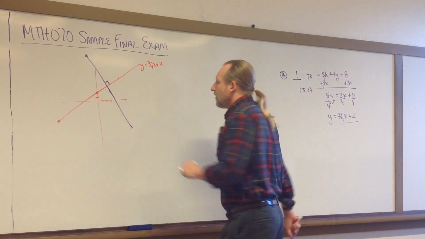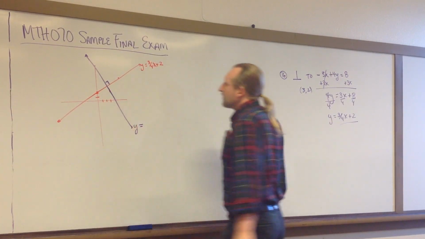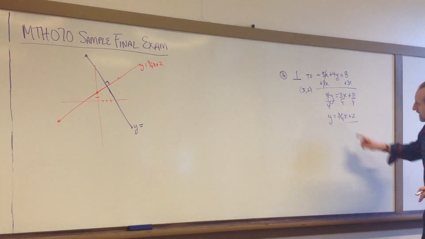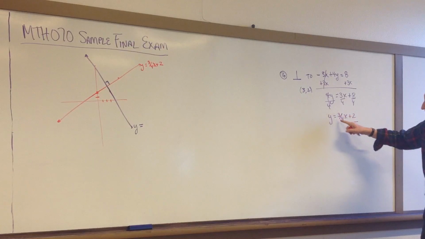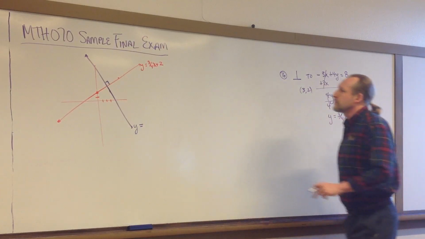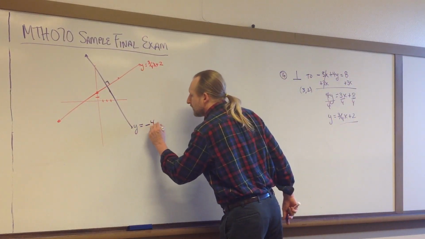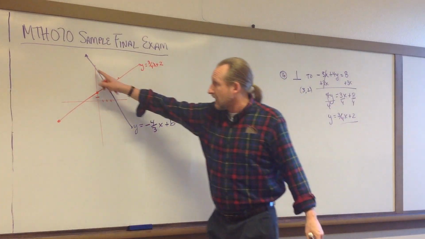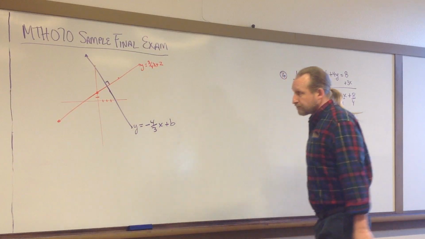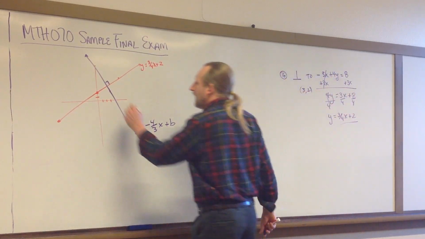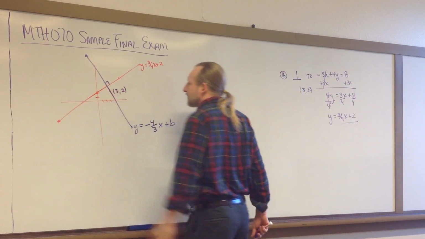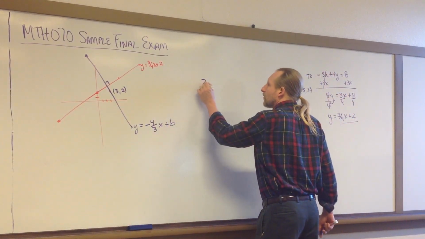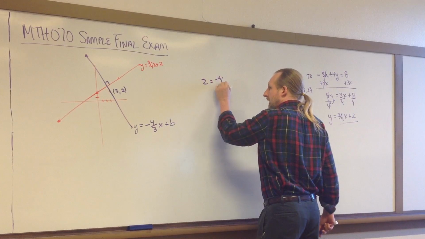And now we want to know what's the equation for that line? Well, the slope, if it's perpendicular, is going to be the negative reciprocal, negative 4/3. So we know it's going to be negative 4/3 x, and we don't know what the y-intercept is. It's going to be up there somewhere, but we can find out by taking this point 3, 2 that it passes through and plugging those values in for y and x.